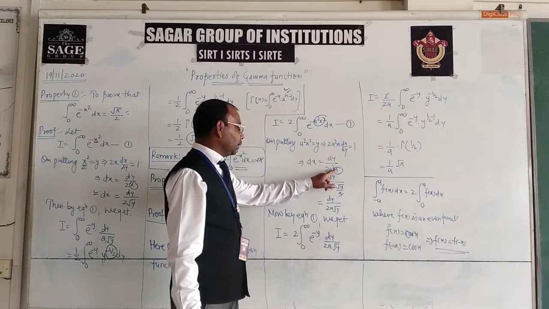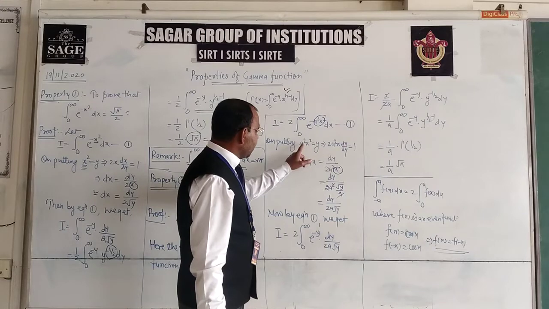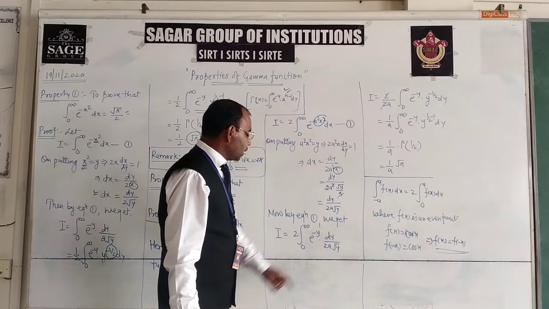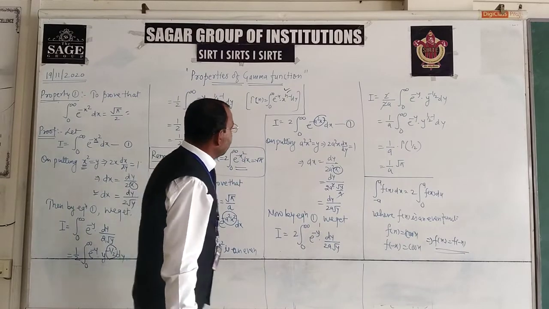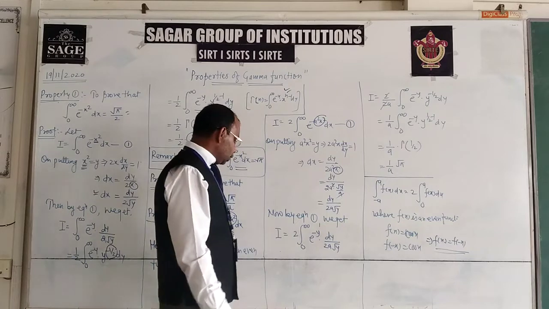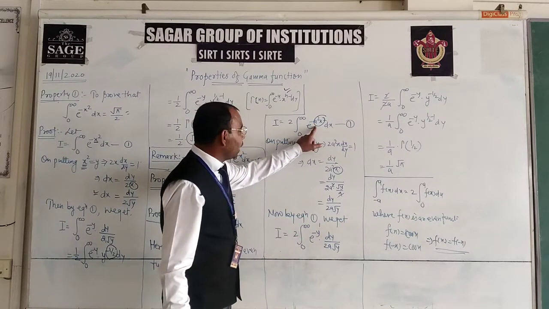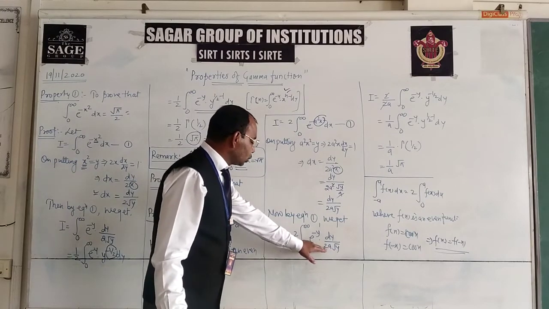Therefore x is replaced by under root y upon a, the a cancels and a remains, so this is 2a under root y. Now we substitute this value in equation 1, and the limits do not change. Here I is equal to 2 times the integral from 0 to infinity of e to the power minus y dy upon 2a under root y. Now 2a is a constant term.